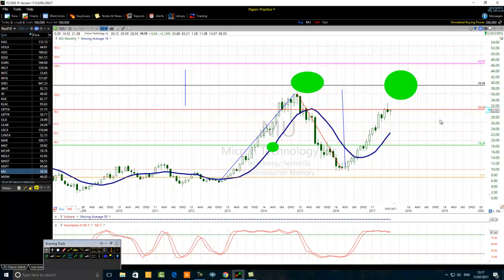So instead of using a moving average 20, which is more of a lagging indicator, we prefer to use the moving average 14 to be ahead of the moving average 20.